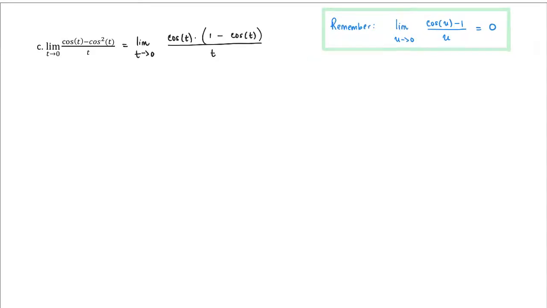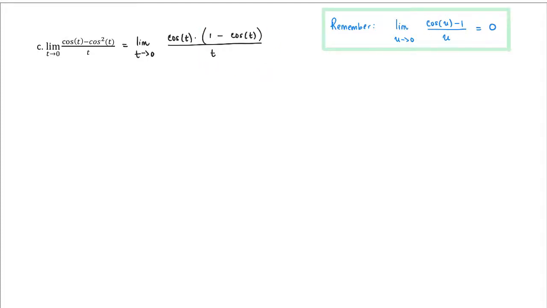This was the second part of our discussion. Remember, we proved this already. We proved that the limit as u goes to 0 of cosine of u minus 1 over u is equal to 0. And I already see this fraction here on the left.